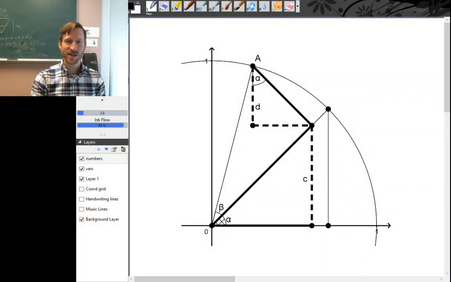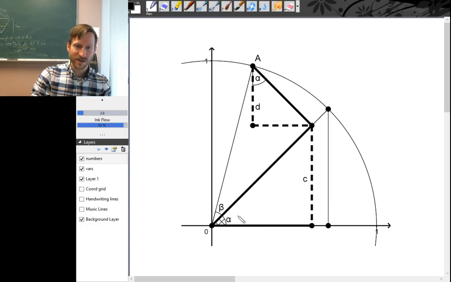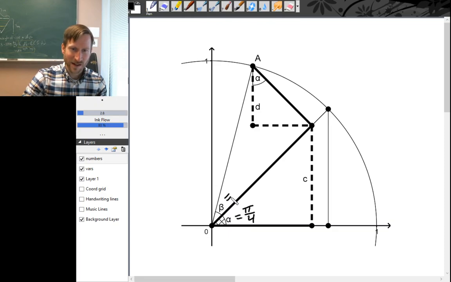Alright, so here is the diagram from number 4. We know some of these measurements already, so at the very beginning, alpha we know is pi over 4, and beta is pi over 6.